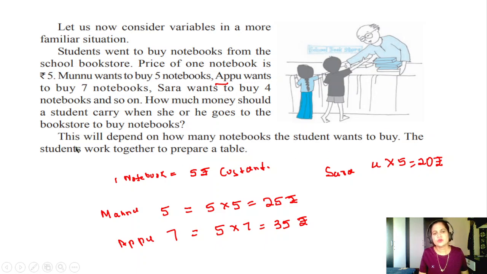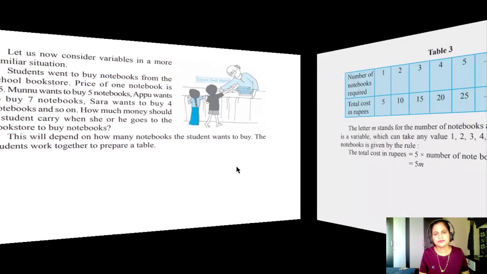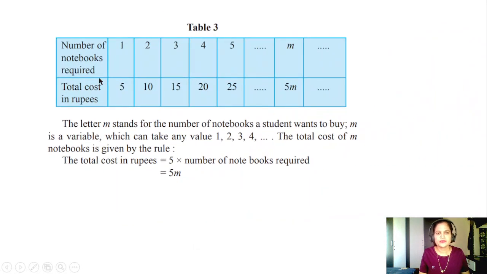The students work together to prepare a table like this. Number of notebooks required, total cost in rupees. Each notebook's price is 5 rupees. If they want to buy two notebooks, 2 5s are 10, 3 5s are 15, 4 5s are 20, 5 5s are 25. Here this 5 rupees for each notebook is constant. m is the variable.